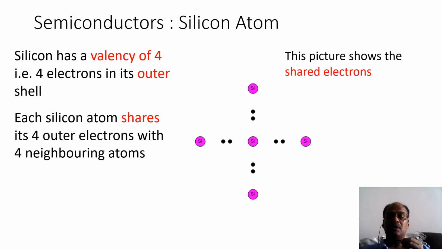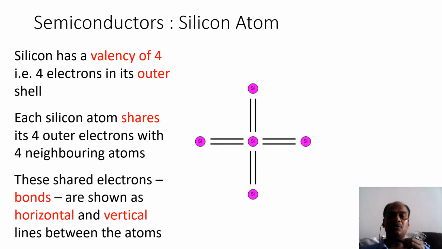Like this, it creates a bond which is known as a covalent bond. This bond is not a very tight bond, but it is also not as loose as in conductors. So we require a little energy to have conduction in semiconductors.